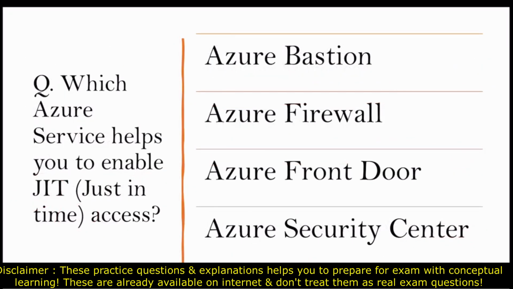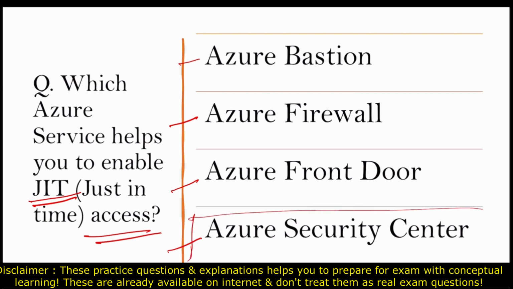Which Azure service helps you to enable just-in-time access? The options we have: Azure Vision, Azure Firewall, Azure Front Door, Azure Security Center. For this one, our answer is Azure Security Center. This is one of the features which enables JIT access, that is just-in-time access, which allows you to lock down inbound traffic. That means it restricts the inbound traffic, so hackers can't connect to your machine, but you will have a way to connect to your machine securely with the help of Azure Security Center.